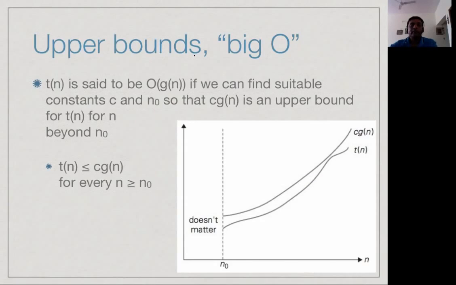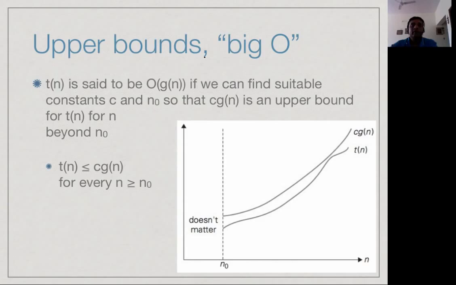So the notation we need, or the concept we need, is that of an upper bound, which is given by the notation big O. So we say that a function g of n is an upper bound for another function t of n if beyond some point g of n dominates t of n. Now remember that g of n is going to be a function which is an order of magnitude. So we have thrown away all the constant factors which may play a role in g of n. So we allow ourselves this constant.